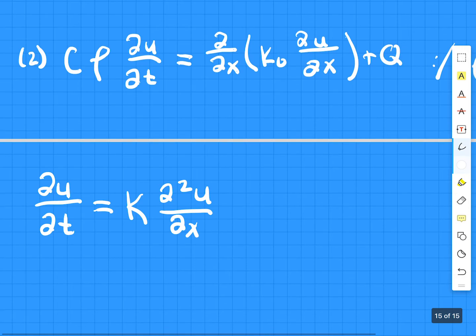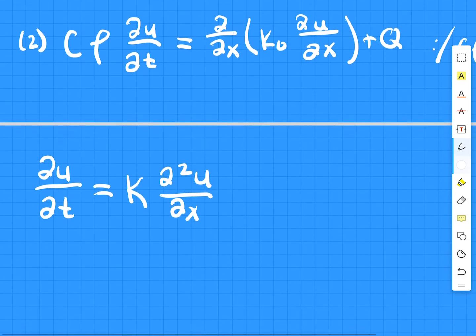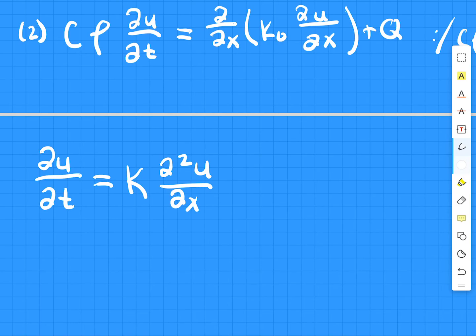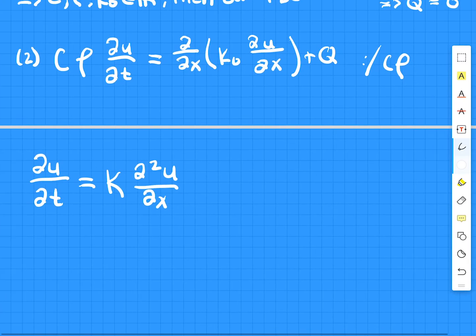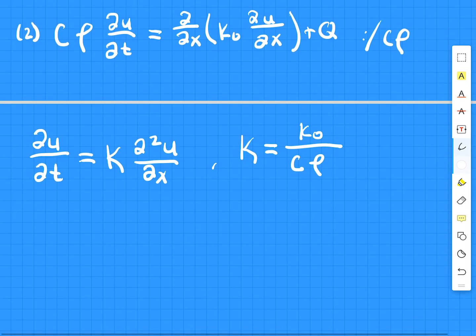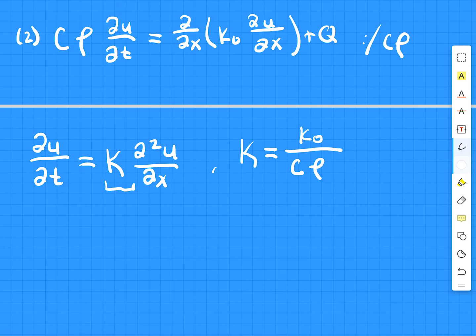Okay, that makes more sense. Now it makes sense where we're getting this partial squared u from. And since it's plus 0 for our external heat source, that's not going to be an issue. Capital K is equal to the thermal conductivity divided by the specific heat and the mass density. So this one constant is describing this big constant here, which in our original equation was the specific heat capacity and the mass density.